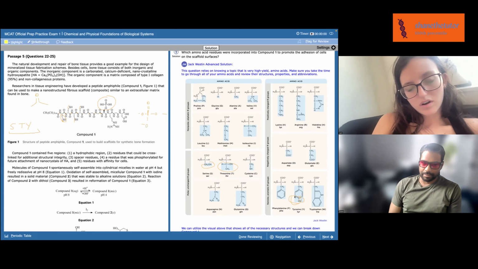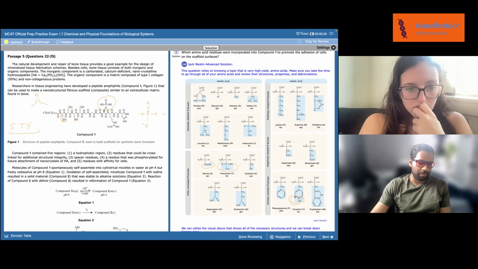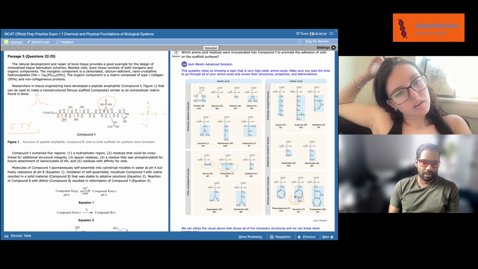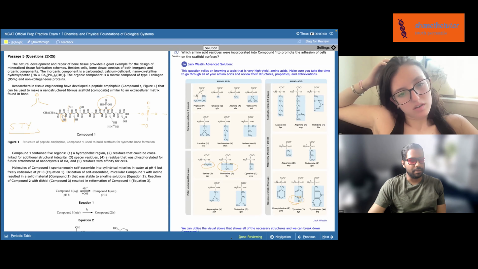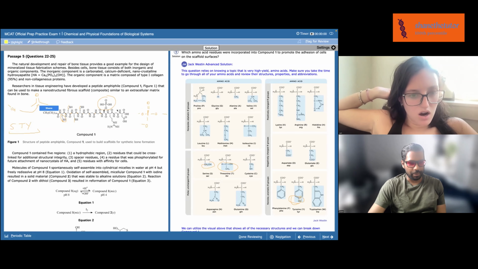Okay. So tell me why. They're attacking it, but which one is it? Oh no, I'm just asking, since we know that an OH will attack a carbonyl carbon, right?